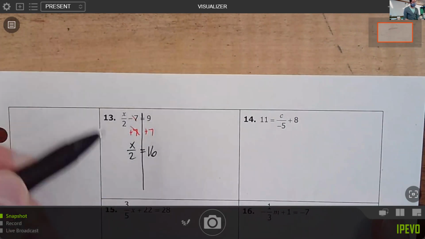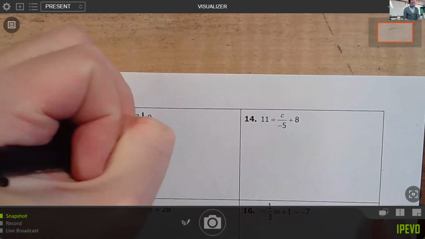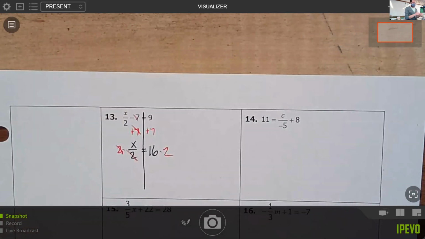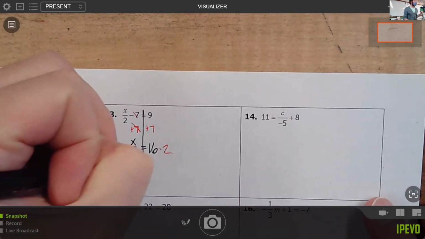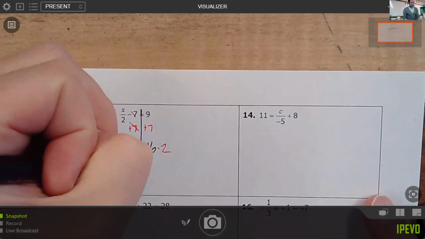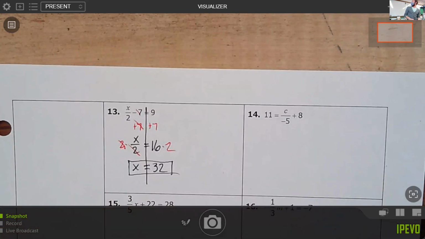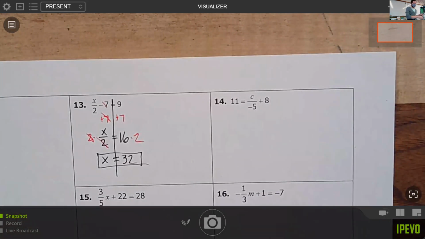Multiplying. So we're going to multiply both sides by the same number x is being divided by. That would be 2. The 2's cancel on the left. We're left with x. 16 times 2 equals what? 32. Good. So that's it for number 13.